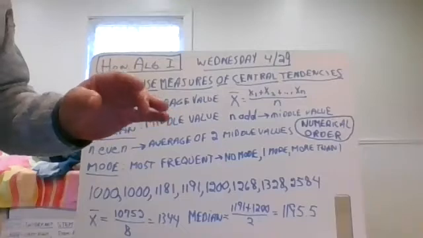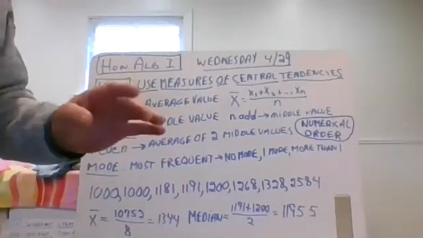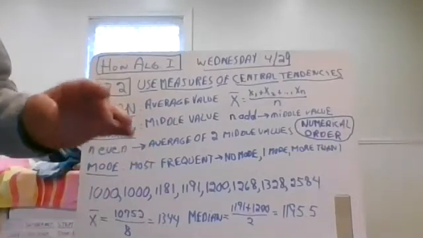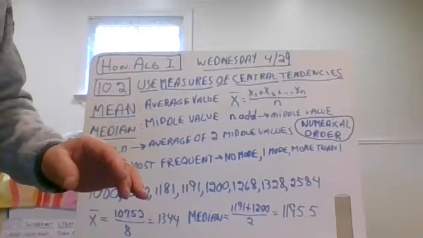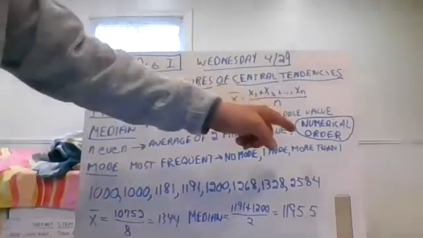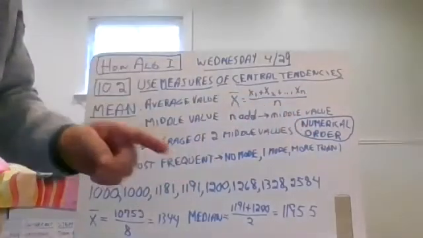So anytime n is odd, there will be a middle value. That is your median. But to compute your median, you have to take your data values and put them in numerical order from least to greatest.